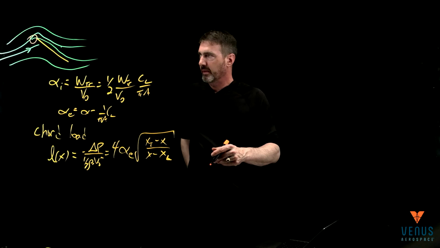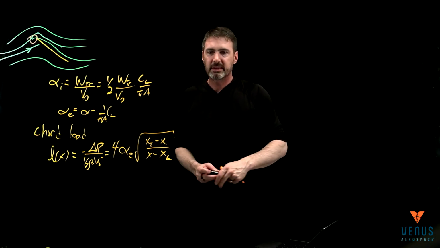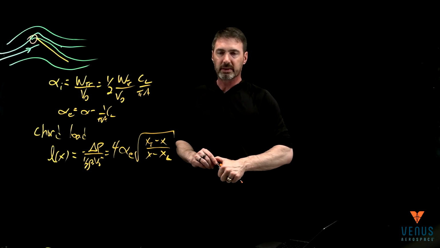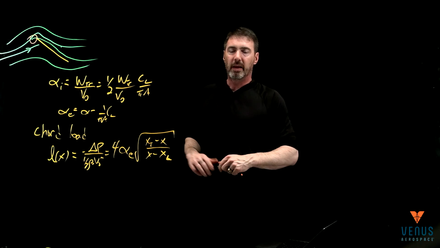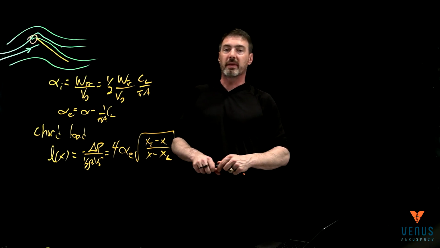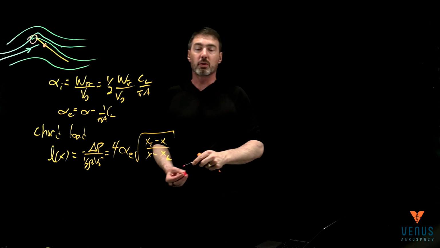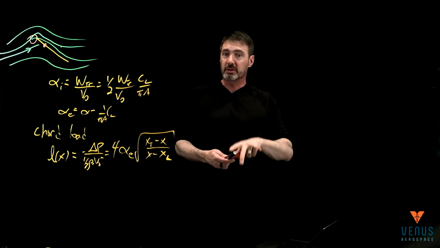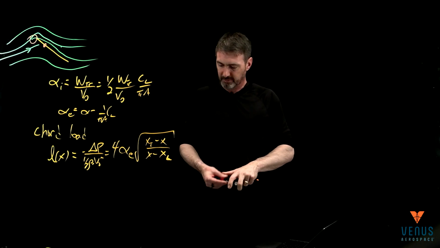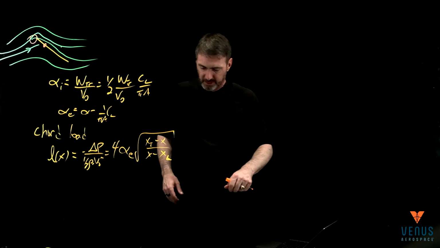This is where we can see how the loading has that maximal point. Then you can integrate this and show that the center of pressure indeed is at the quarter chord. Once you're supersonic, it goes to the mid chord. That's pretty sweet.